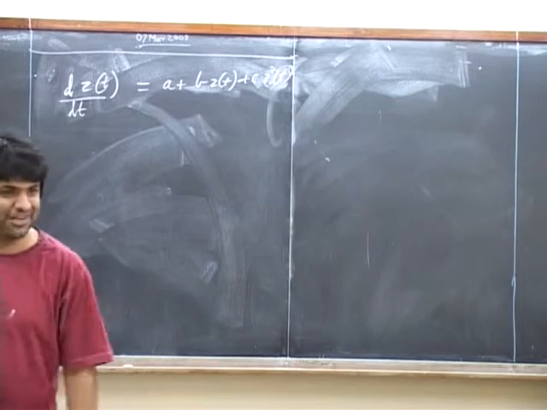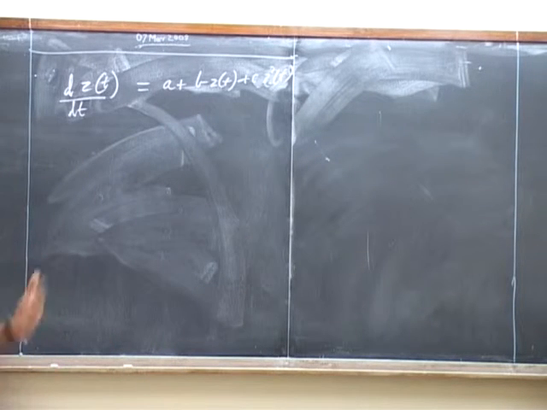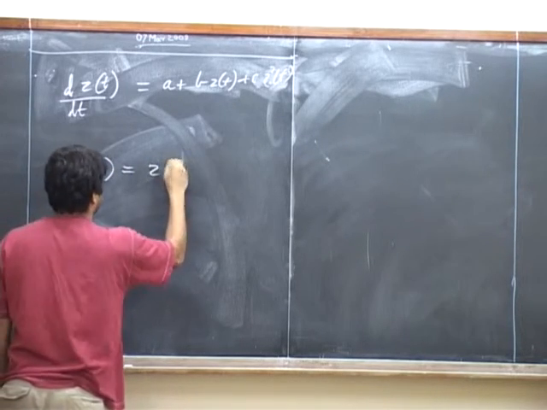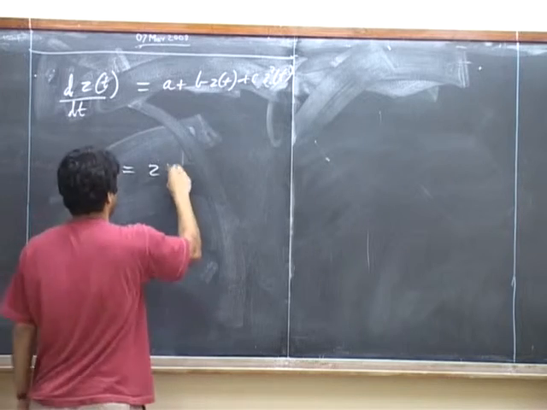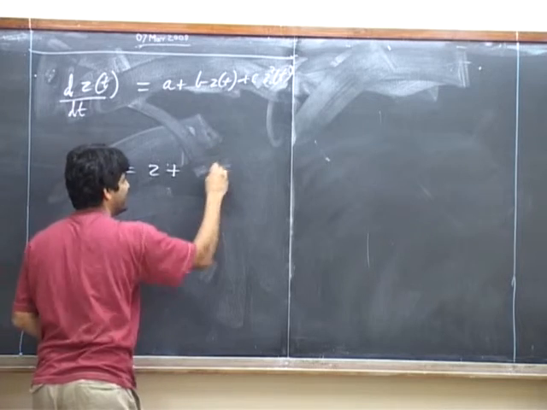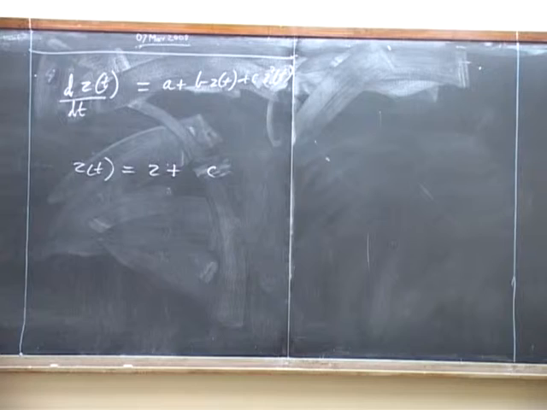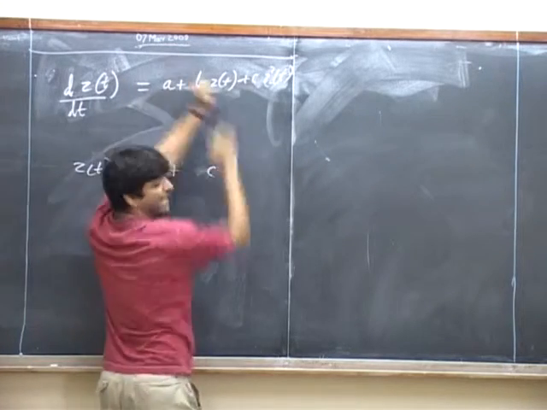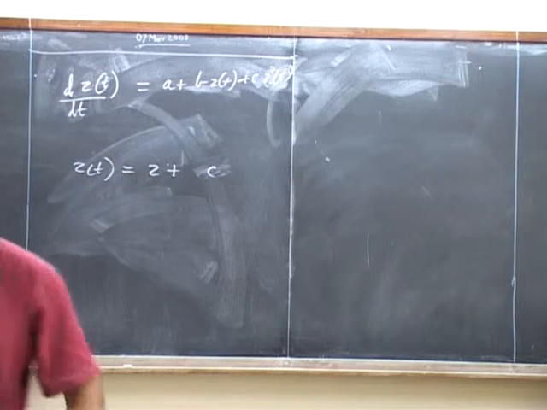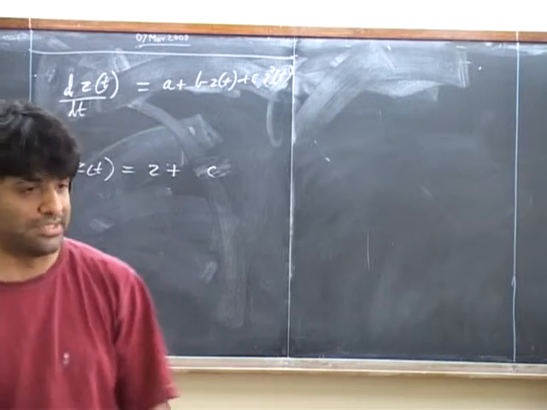It's obvious to do the integral in your head. So z(t) is equal to z(0), which is the original, plus a times t. t is arbitrary, so this is some constant translation. Suppose only b was non-zero, what would you get? Exactly, and t is arbitrary, so it's a constant scale.